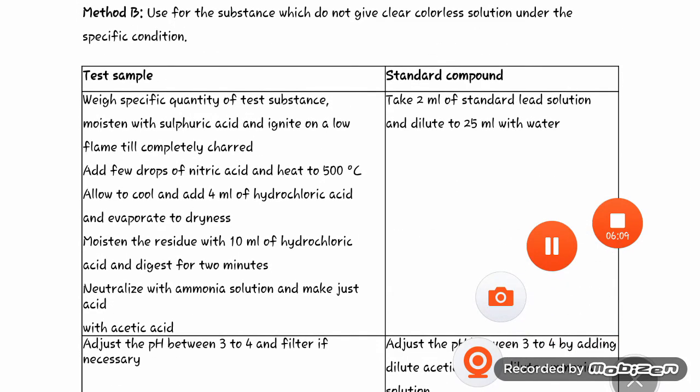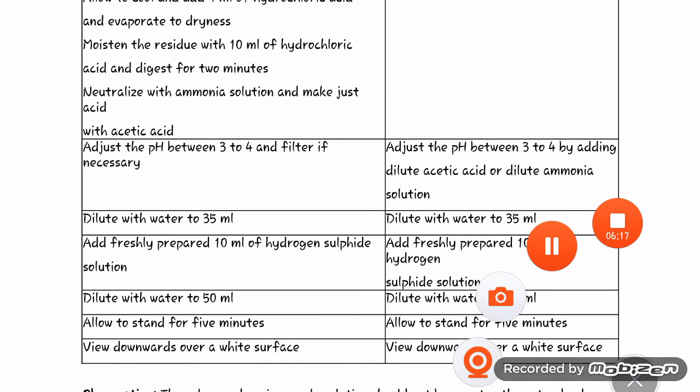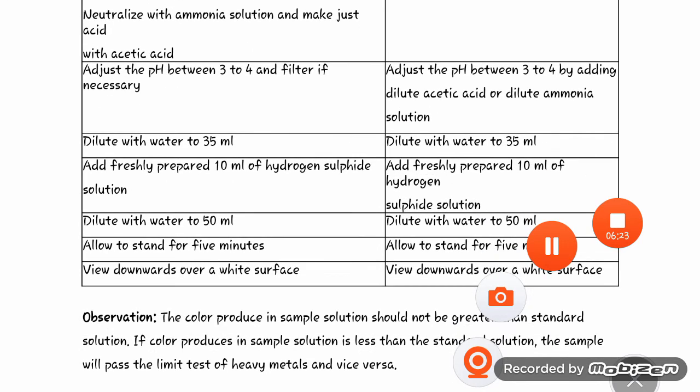For preparing the standard compound, take 2 ml of standard lead solution and dilute to 25 ml with water. Then adjust the pH between 3 to 4 by adding dilute acetic acid or dilute ammonia solution. Then dilute with water to 35 ml. Add freshly prepared 10 ml of the hydrogen sulfide solution.